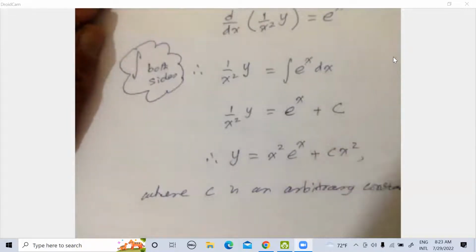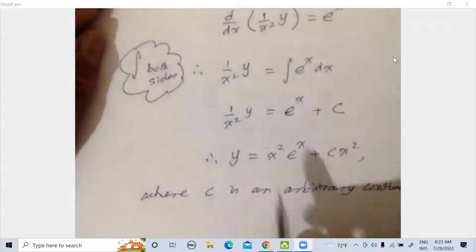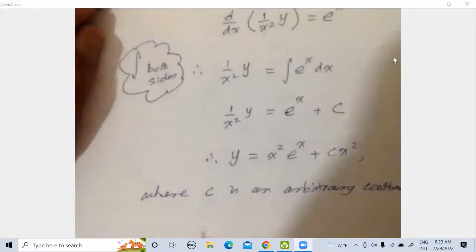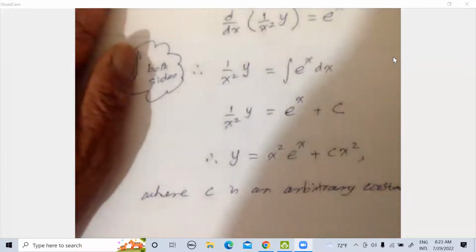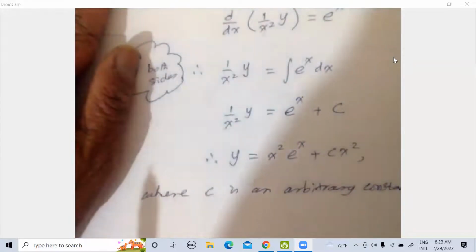That is the solution. Okay, we have found y as a function of x. That was the first problem. Let us do another one.